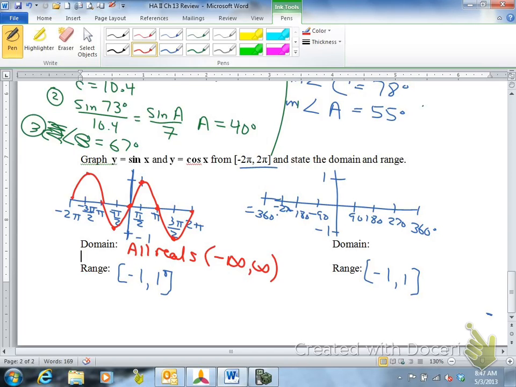And cosine starts at 0, 1. So that's the graph. Make sure you know how to state domain and range. It's the same for both.